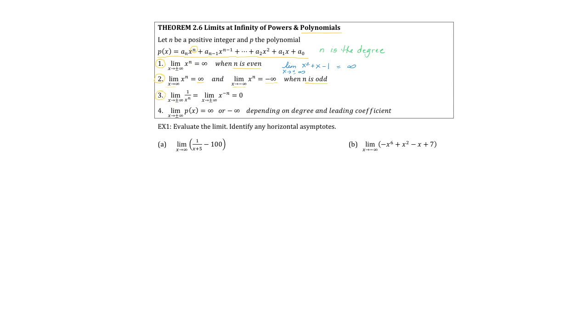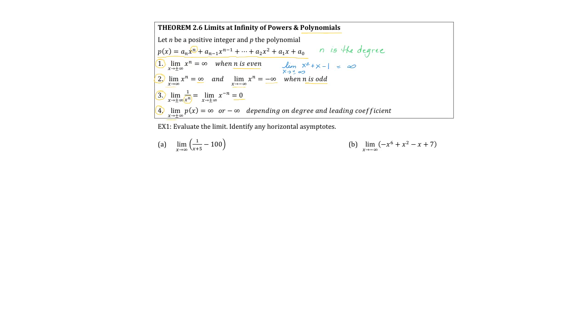Property 3 is what we were talking about earlier with fractions. If the variable is in the denominator of the fraction, then the limit's going to be 0. And the fourth property just has to do with the limit of a polynomial in general.